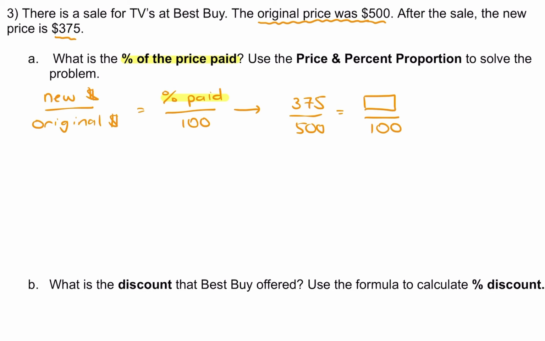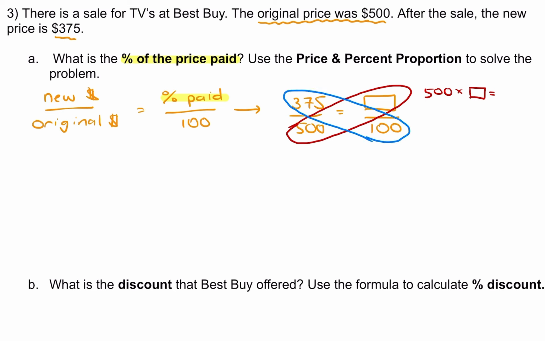In this case, we're going to use our technique of cross multiplying to solve this proportion. First we multiply 500 times the blank. So we have 500 times blank, which is going to be equal to the other cross product, 375 times 100.